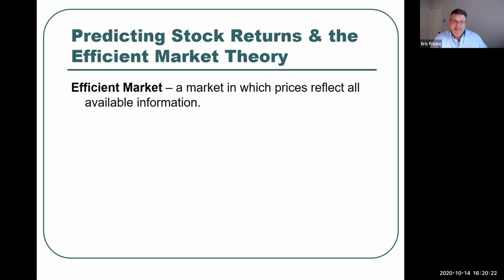I think most people would agree it's not easy to beat the market, to earn higher than the average return on the market year after year after year. If you look at the average returns for mutual funds, the question is whether they can do as well as an index fund. To give you an example, one of the most popular indexes is the Standard & Poor's 500 Index, or just the S&P 500 Index.